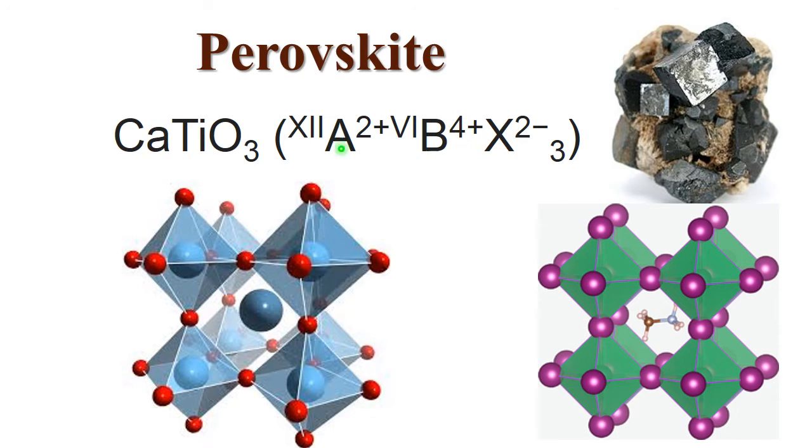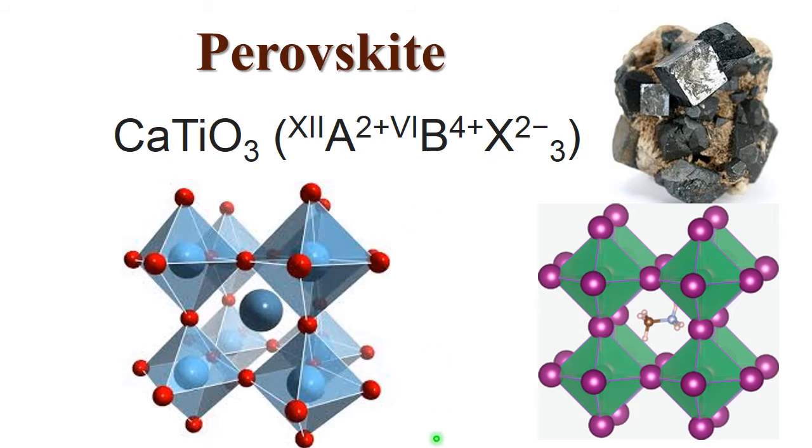Another is much larger, with charge +2. Coordination number of +4 is 6, it's octahedral. Coordination number of +2 calcium is 12. And now there are 3 oxide anions.